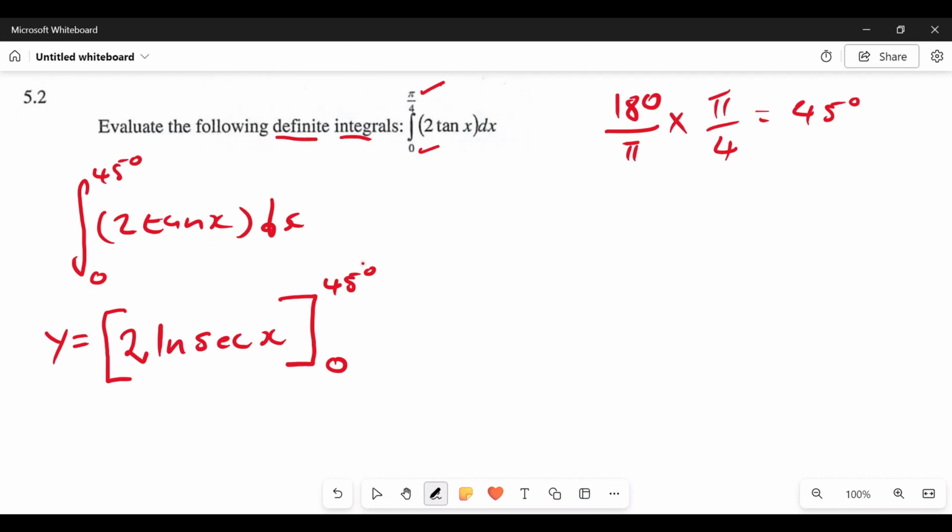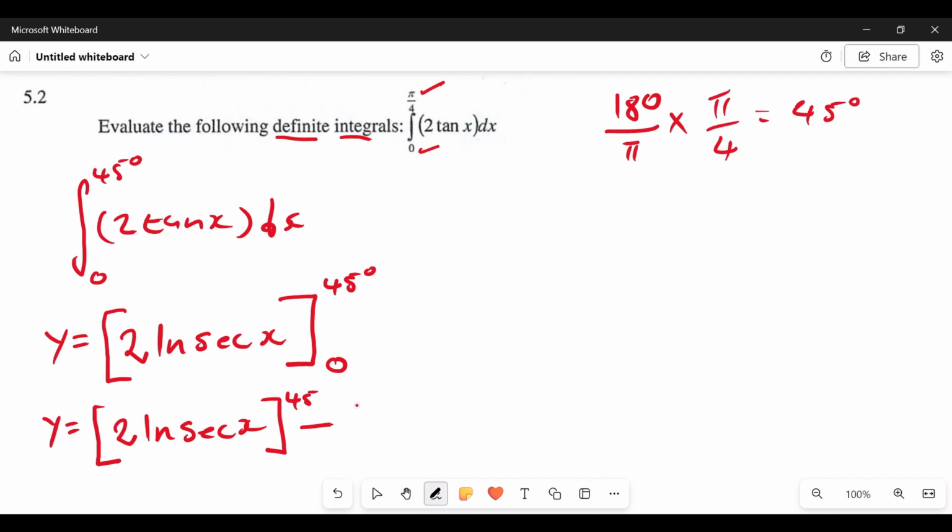Guys, this is the upper limit and that is the lower limit. These are not powers, just in case you get confused. This is to show you that you have the upper limit and the lower limit. We continue. Now, the first bracket is going to be for the upper limit. So you're going to write 2 natural log sec x. Then here you write the upper limit, which is 45.